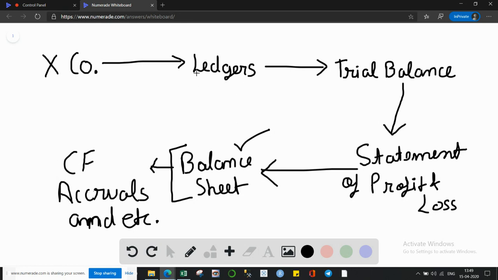So, at the ledger level, what happens? Let's understand this.